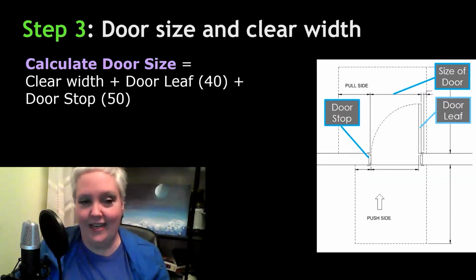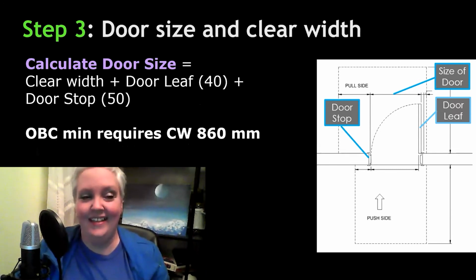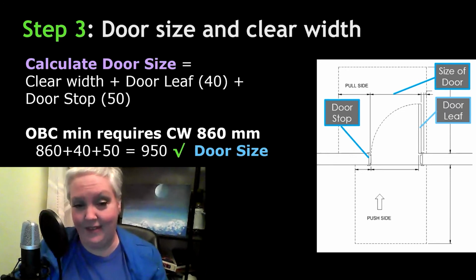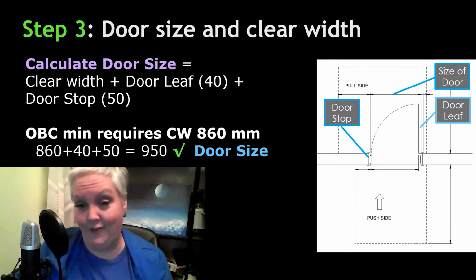So if we wanted to calculate the door size by looking at the clear width plus the door leaf plus the door stop, so do it in reverse, then for the Ontario Building Code, we'd start with the 860 clear width, add the 40 for the door leaf and 50 for the door stop, and that would mean a door size of at least 950, depending on what you're doing with your hardware.